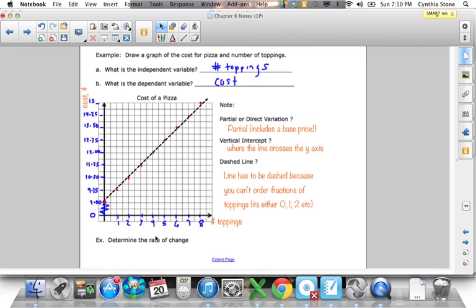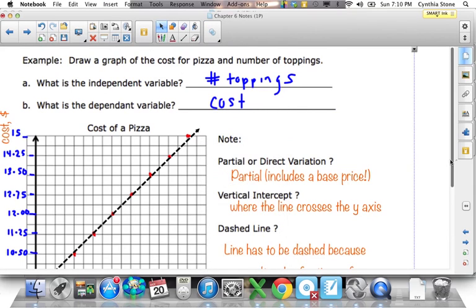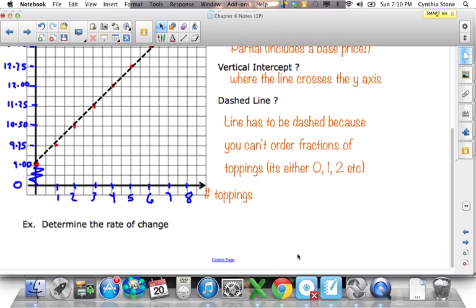So it says find the rate of change. So the rate of change, again, is rise over run, always. And you can use any part of the graph to find that. As long as it's a straight line, you can use any part you want. So I'm going to choose this point and this point. Now I'm not using 0 this time.